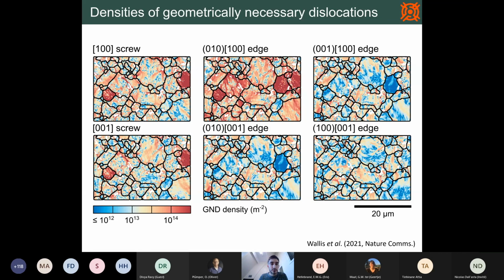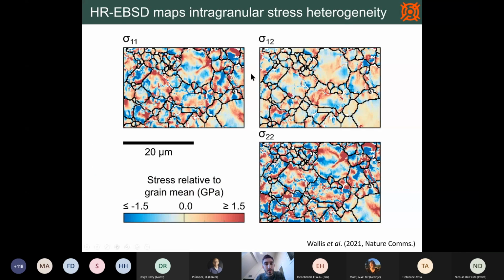And the last thing to say is that by mapping how the diffraction patterns are squashed or stretched or sheared, we can map the elastic strains and then use Hooke's law to convert those to the stresses. So now this is one map for each of the in-plane components of the stress tensor.